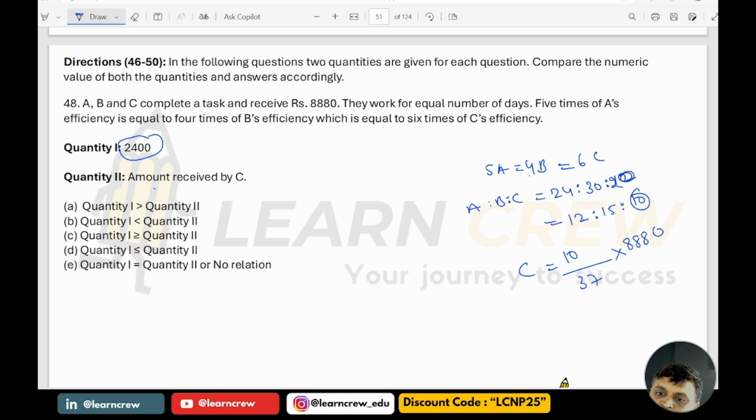So how much are you going to get? 240 into 10, 2400. Both are equal. This is 2400, this is also 2400. You got quantity 1 is equal to quantity 2. So option E. Next.